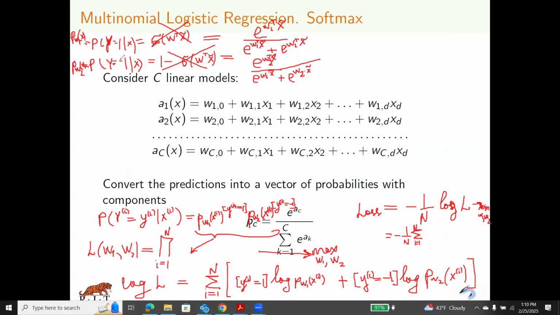If I will use instead of class 1 and negative 1, 1 and 2, it will be just easier to write the formula.